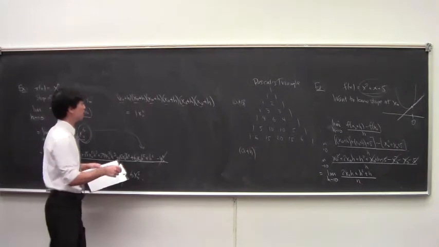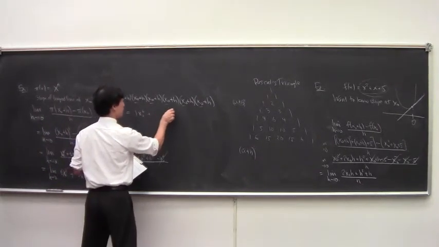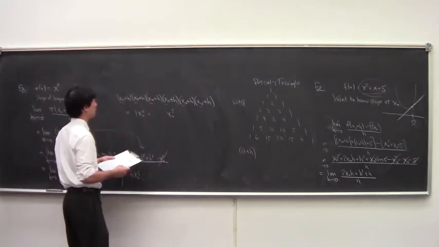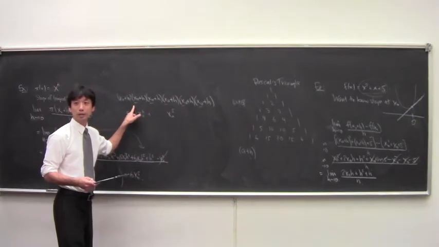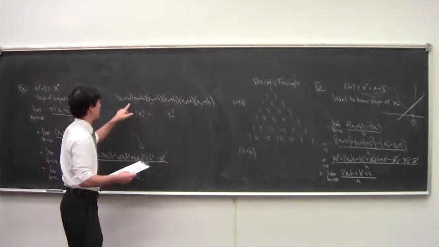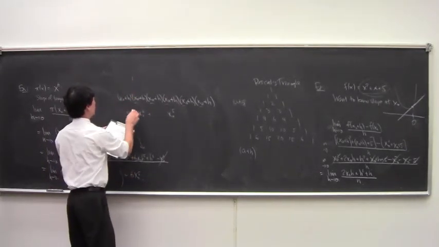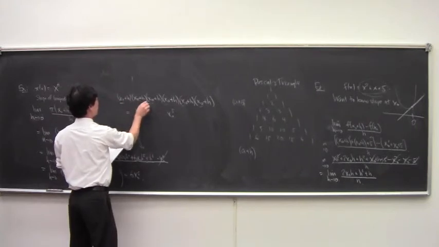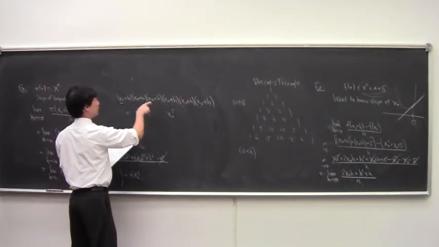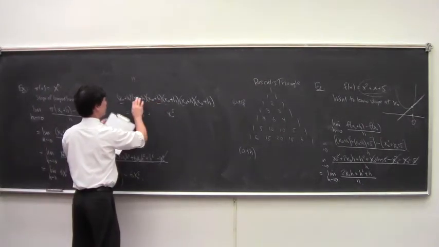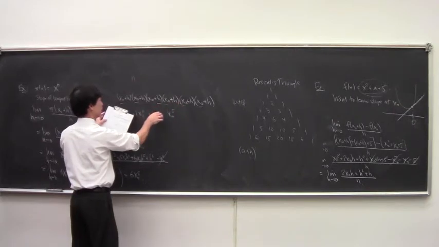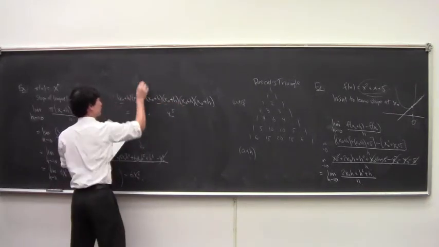How about x naught to the 5th? How many x naught to the 5th do I have? Well, if I choose h here, and x naught everywhere else, that's 1. Or if I choose h here and x naught everywhere else, that gives me another. And if I choose x naught here and h here and x naught everywhere else, then I get another. You see that I can get a total of 6 of these.